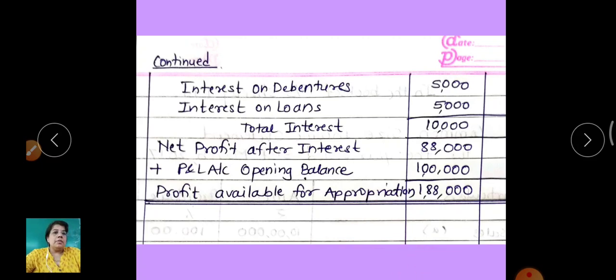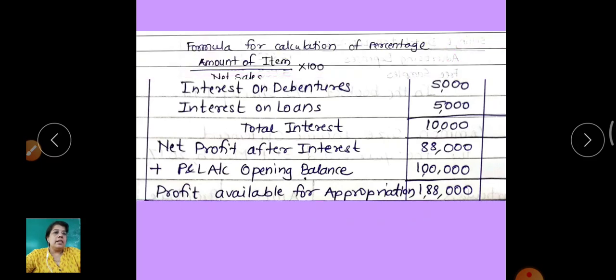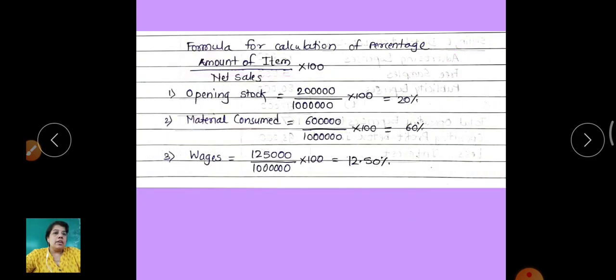Now the next step is we are going to calculate the percentages for each item in proportion to the net sales. Our net sales is 10 lakh rupees. The formula is given here: amount of item divided by net sales into 100.